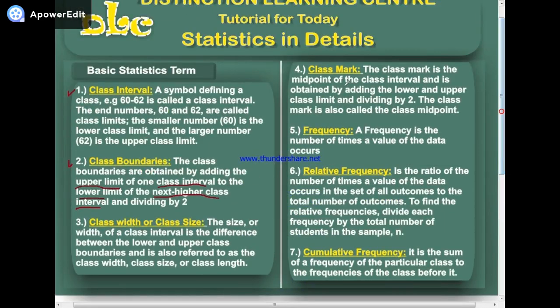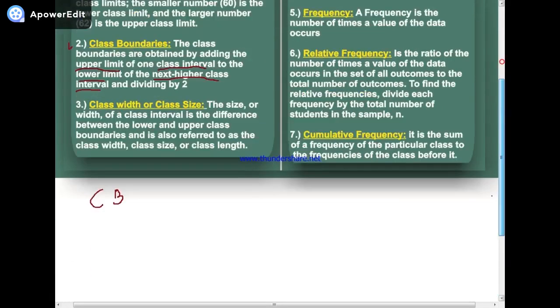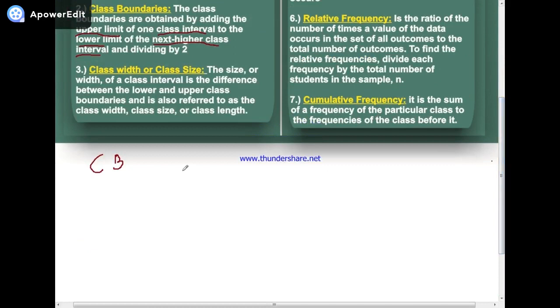Now, what are they trying to say? Here we've explained what class interval is. Let's use this particular expression as an example. We are given something like this as our class interval, 60 to 62. If you want to write the next class interval, it will be 63 to 65, and the next one will be 66 to 68.